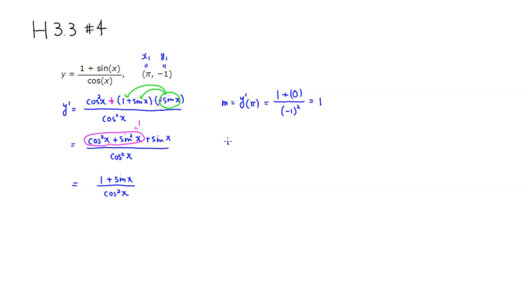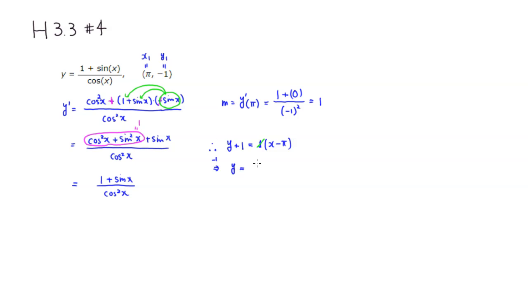So we have y minus y1, -1, so it's going to be plus 1, equal to the slope, which is 1, times x minus x1, which is pi. We can clean this up: the 1 doesn't do anything, and we can just subtract 1 from both sides.